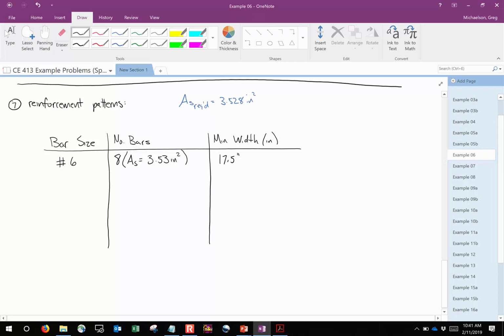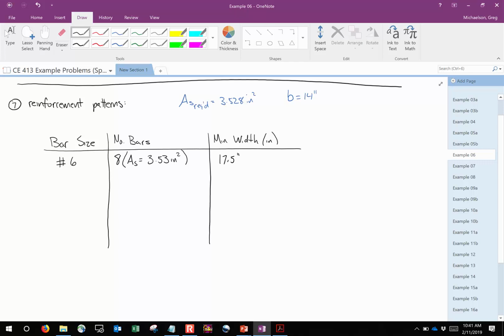So what do you think? Is that a viable option? No, it's not. What is the width of the beam? It's 14 inches. So let me put this up here. The beam is 14 inches wide. So this would be a great choice because it's just enough steel, but we can't use it.